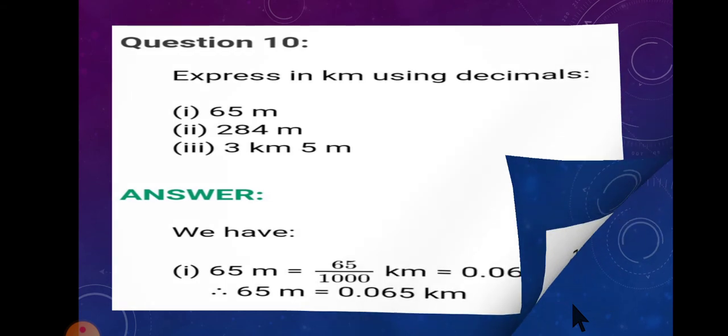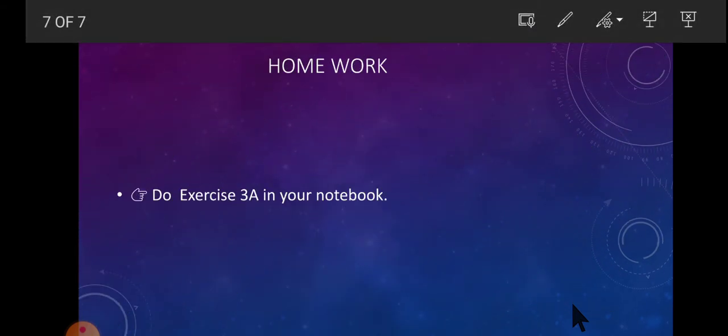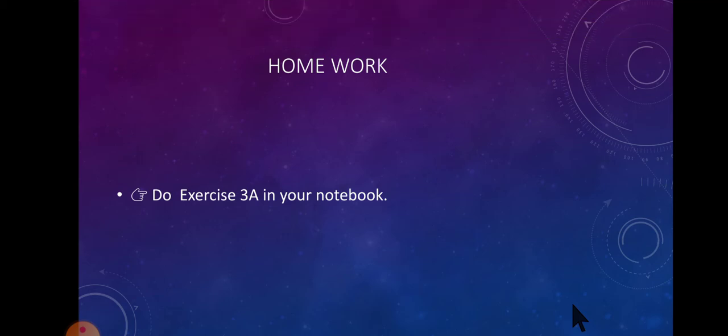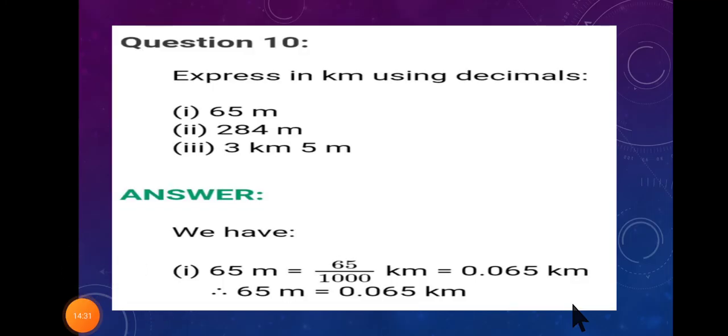It is the last question of this exercise. Question number 10. Express in kilometer using decimals. So same as in the rupees and paisa form, 65 meter converted into kilometer. We know that 1 meter is equal to 1 upon 1000 kilometer.